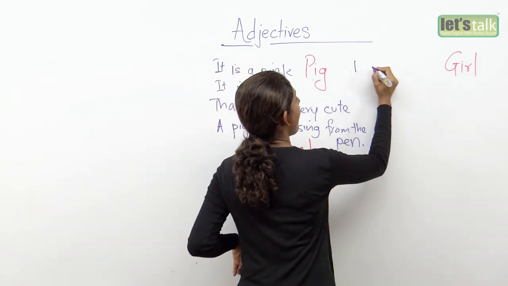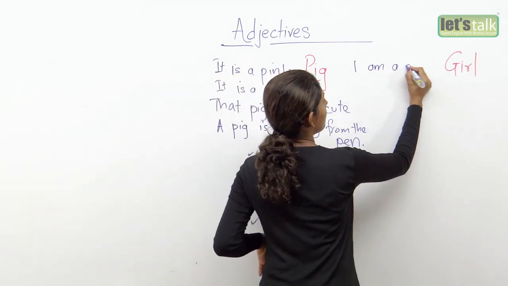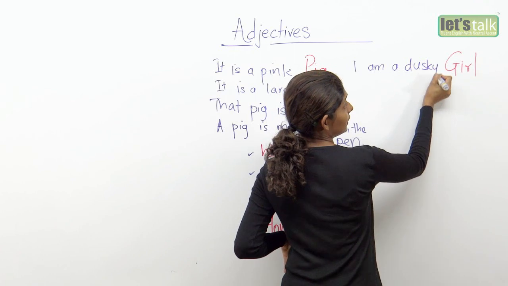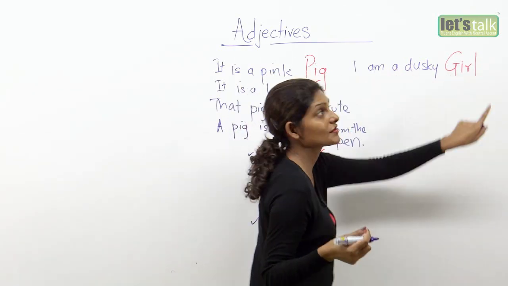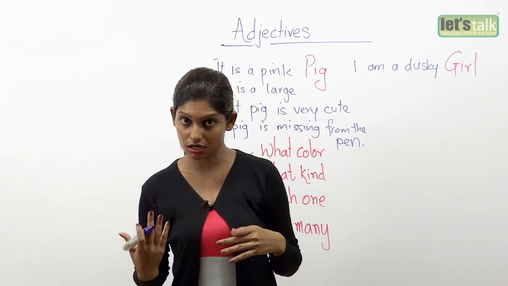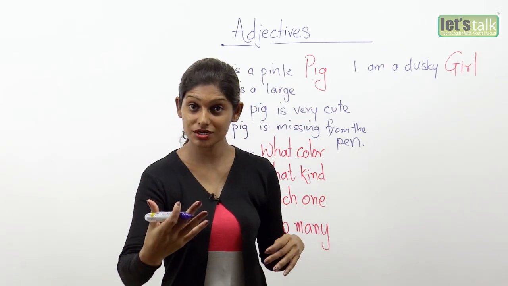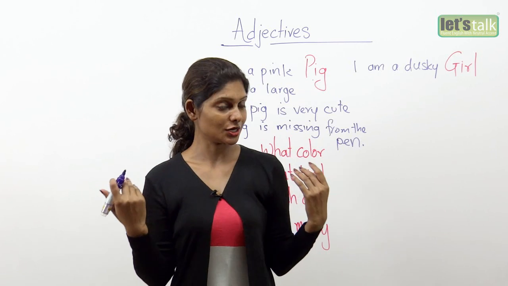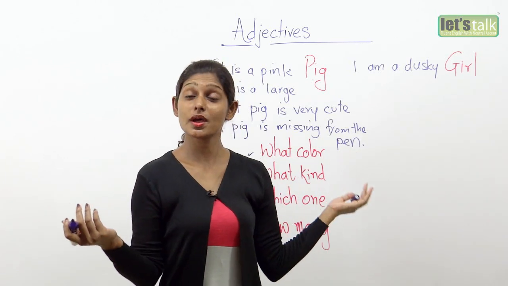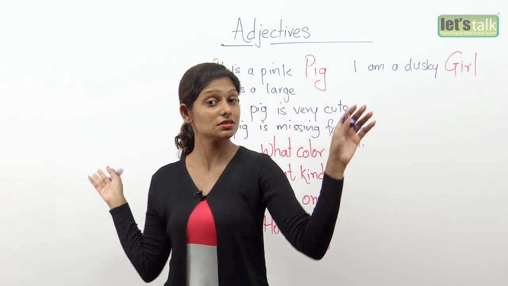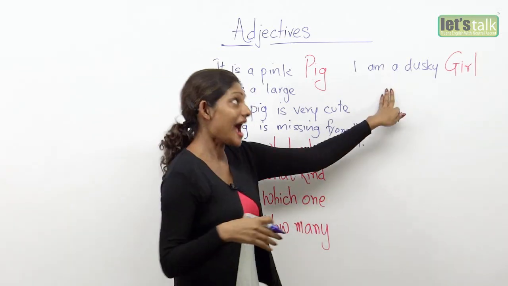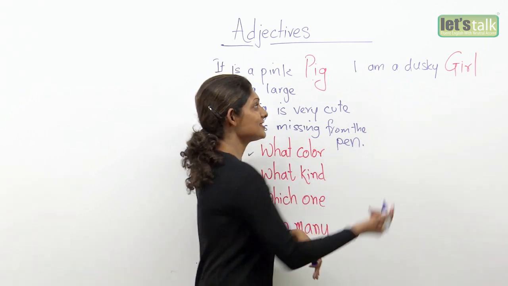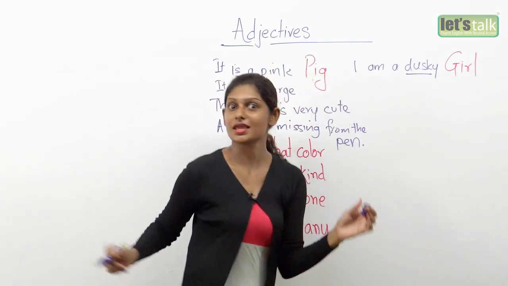Now that describes that girl instead of saying I'm a girl. To make it even more descriptive, I'm a dusky girl who has won many awards in the competition. Yes? No? That's a little too much? Okay. Oh well, I am a dusky girl. So that is more descriptive about being that girl.